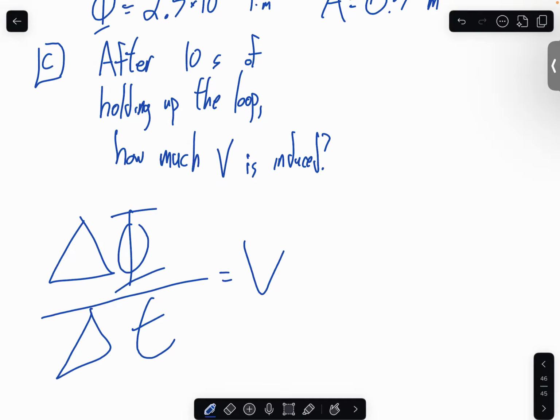Two people have got it. Is the area changing? Is the field changing?